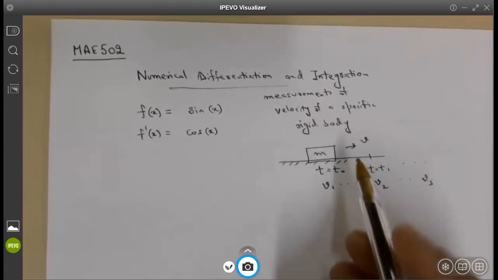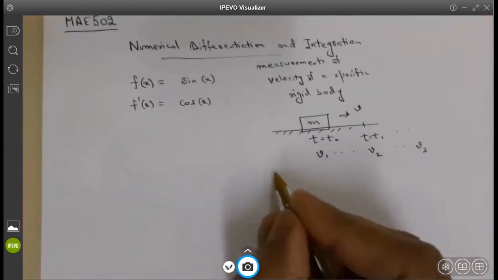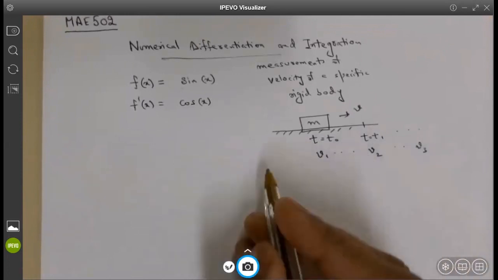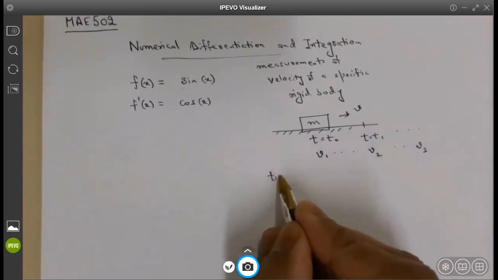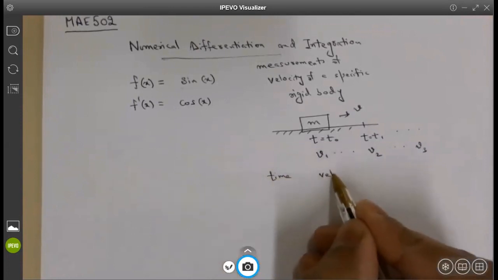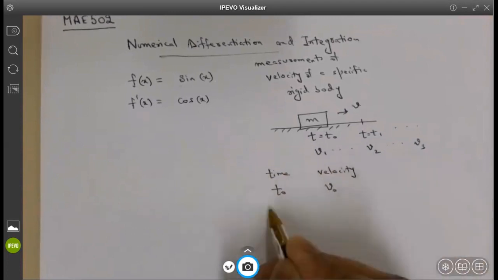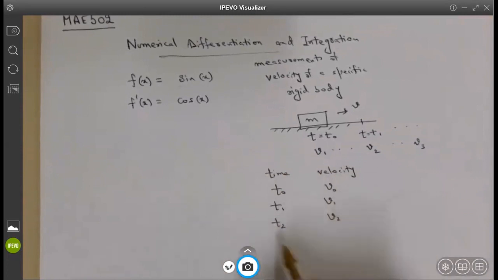So what you essentially have is a bunch of data points corresponding to the measurements of the velocity. If you have a time and a velocity, then at t naught you have a specific velocity, at t1 a specific velocity, at t2 a specific velocity, and so on and so forth.